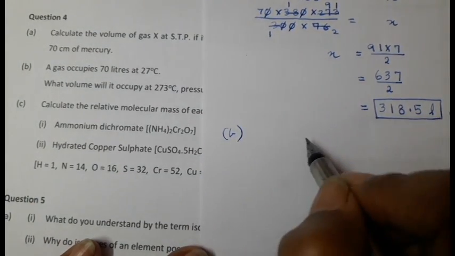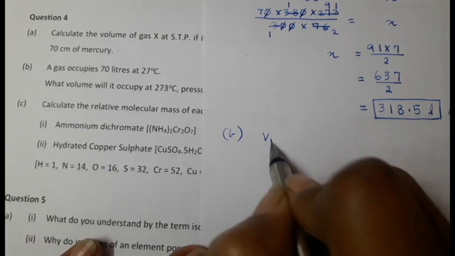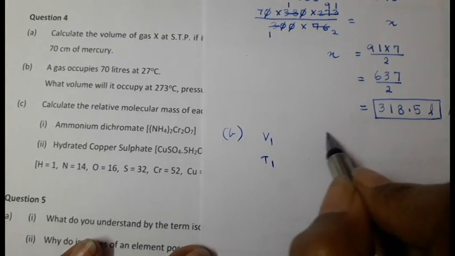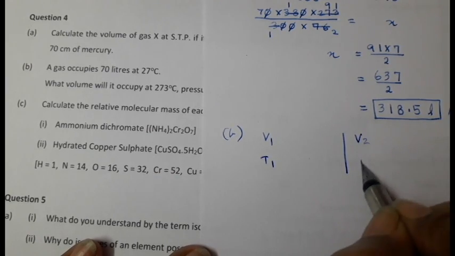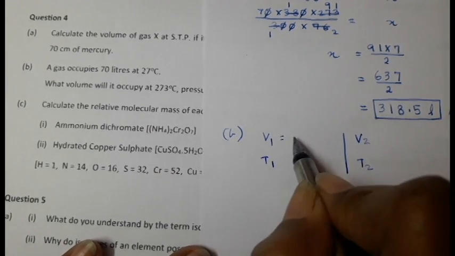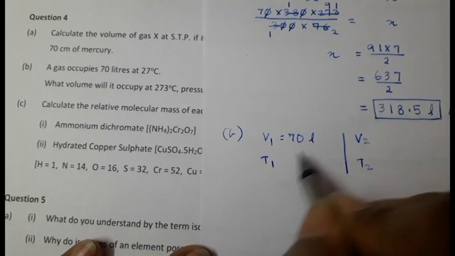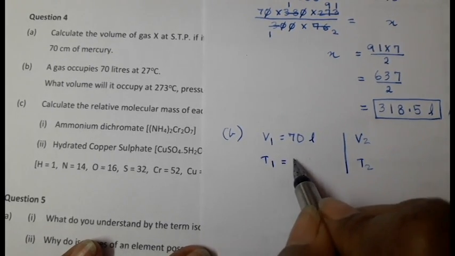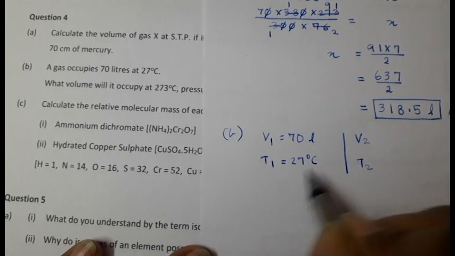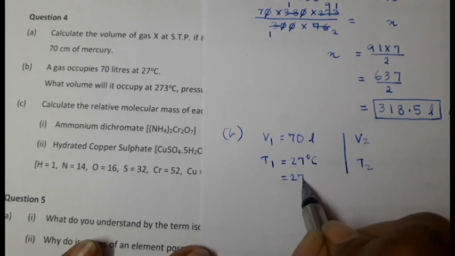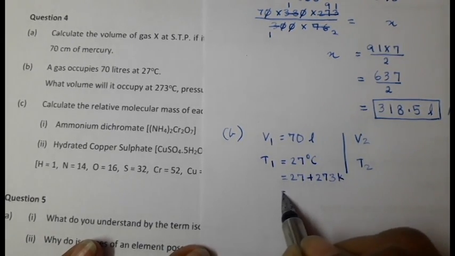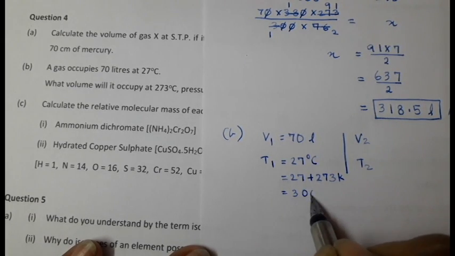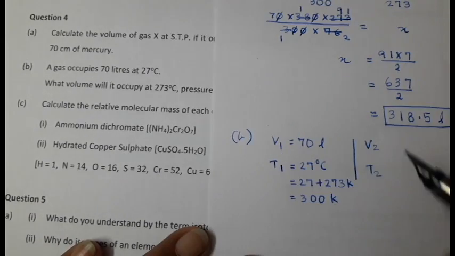Let us write the details. We'll have V1 and T1, and we'll have V2 and T2. V1 is 70 liter and temperature is 27 degrees C, which becomes 27 plus 273 Kelvin, which gives us 300 Kelvin.